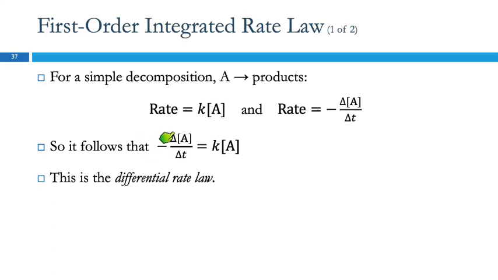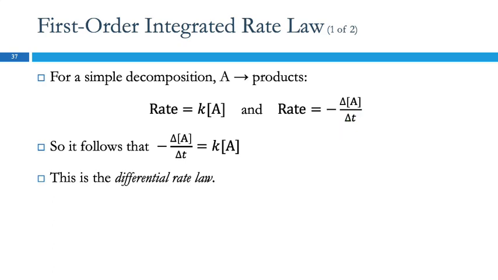The change in the concentration of A over time, with a negative, because this is the reactant. Our rate law here, because it's a first order rate law, the rate is equal to a constant times the concentration of A. We also know that the rate is equal to the rate of change of A, but negative, right?